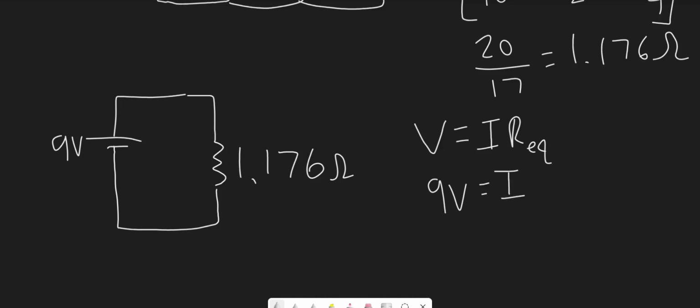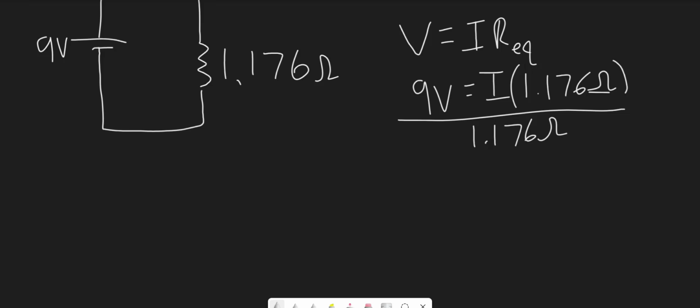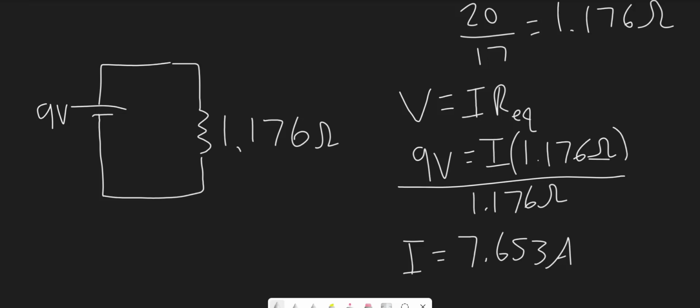We know Req is 1.176 ohms, so what we have to do is just divide both sides by 1.176 ohms, and if you type that into your calculator, you should get approximately 7.653 amps, and that's the current flowing through this particular resistor. So if we go back up, we have 7.653 amps flowing through this resistor.